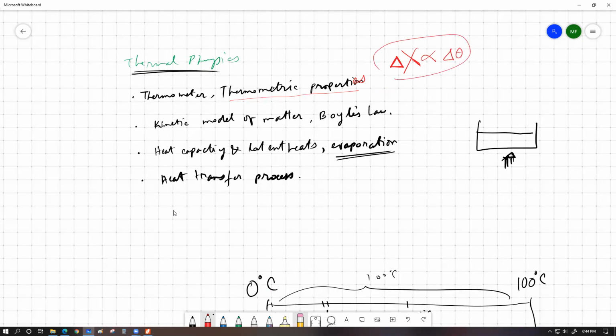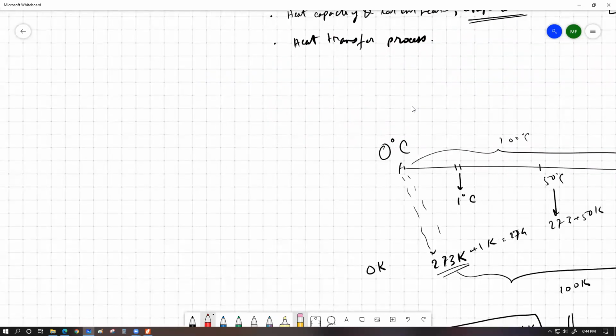This behavior, this proportionality, those physical properties of a certain object that maintain this proportionality, we can use those properties to measure temperature indirectly. For example, the volume of most liquids, not all, undergoes uniform expansion over temperature increase.